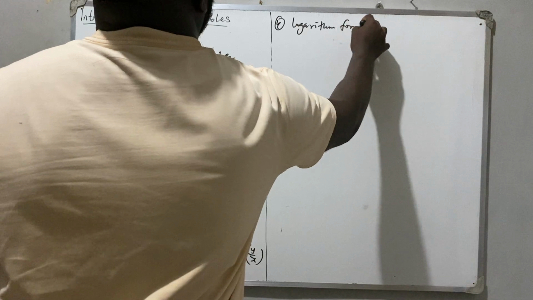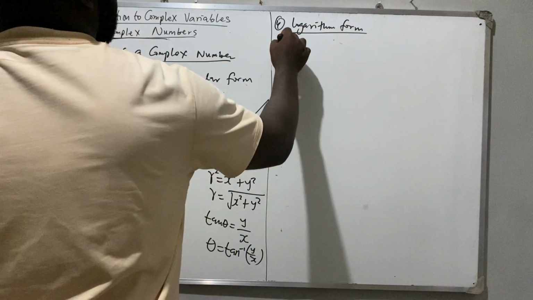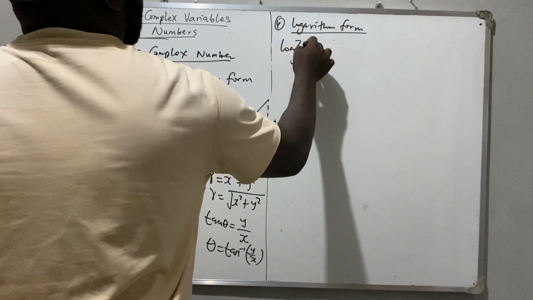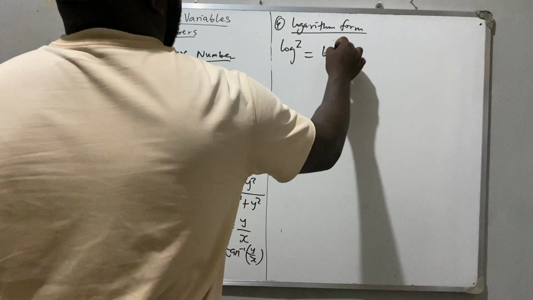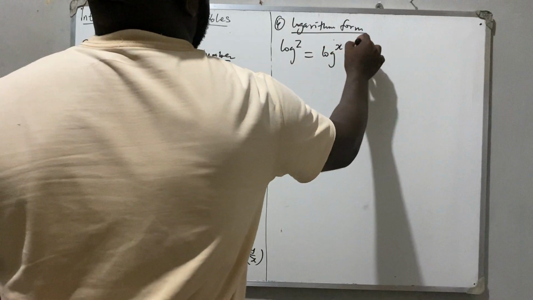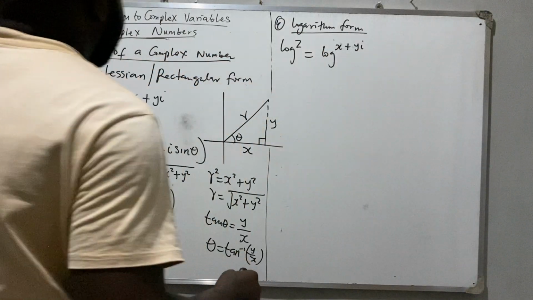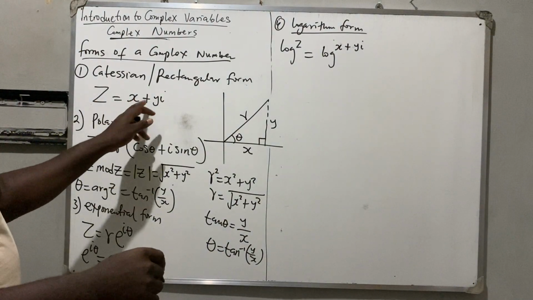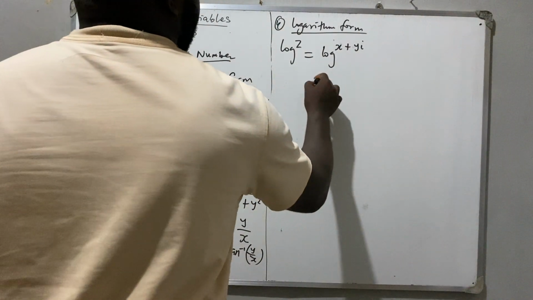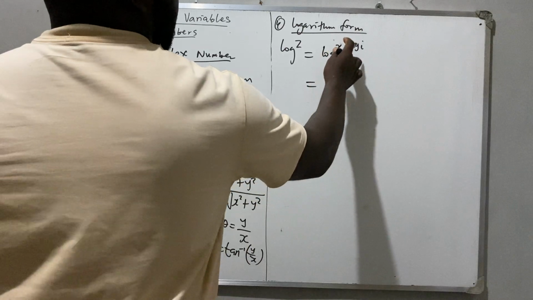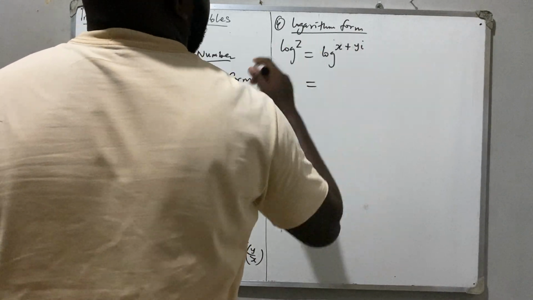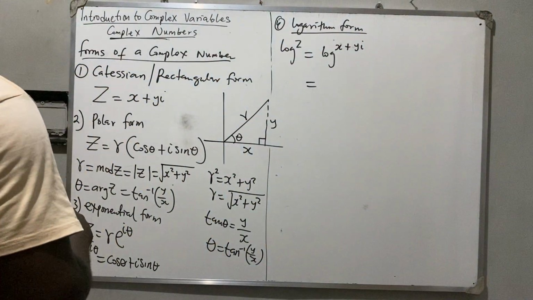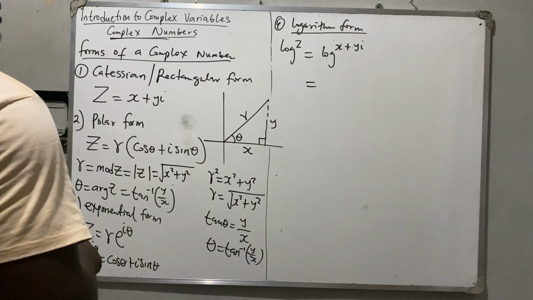Okay, so the logarithm form is that we have log Z. Log Z is the same as saying log of X plus YI, because my Z is X plus YI. So if I take the normal method of logarithm, is it possible to separate this?